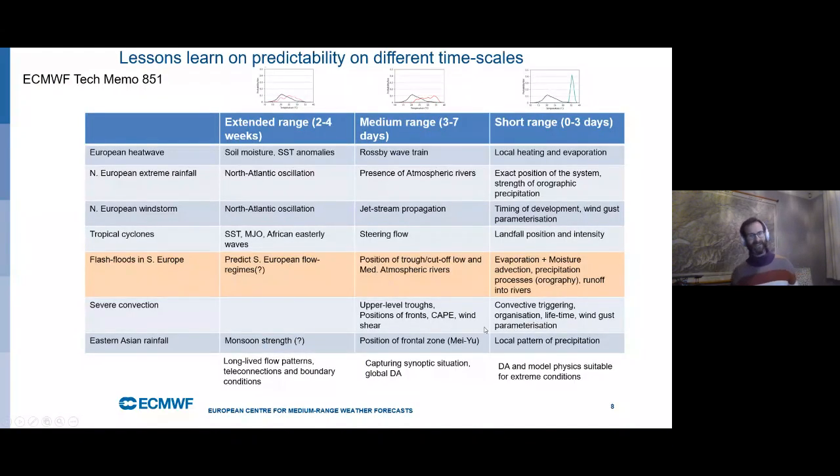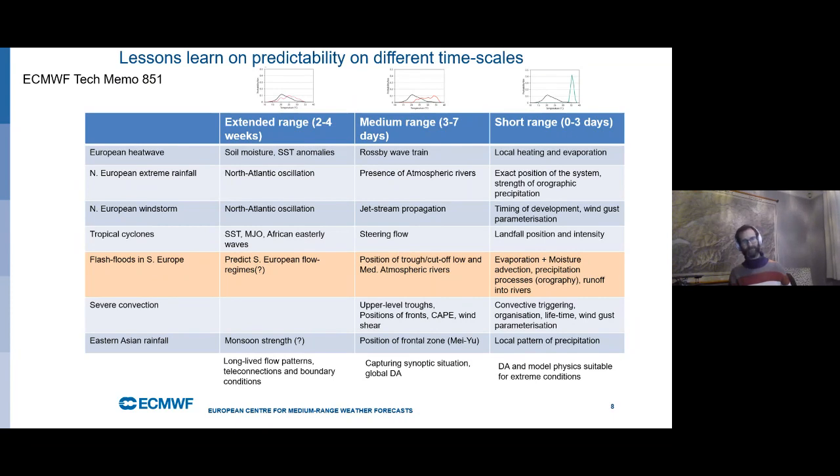So what we have done for quite a few different types of extreme cases is to try to list what are the important factors on different time scales. And for this type of flash floods in Europe, when you want to look into extended range, 2 to 4 weeks, we're talking about regimes or this type of troughs over the Mediterranean area.